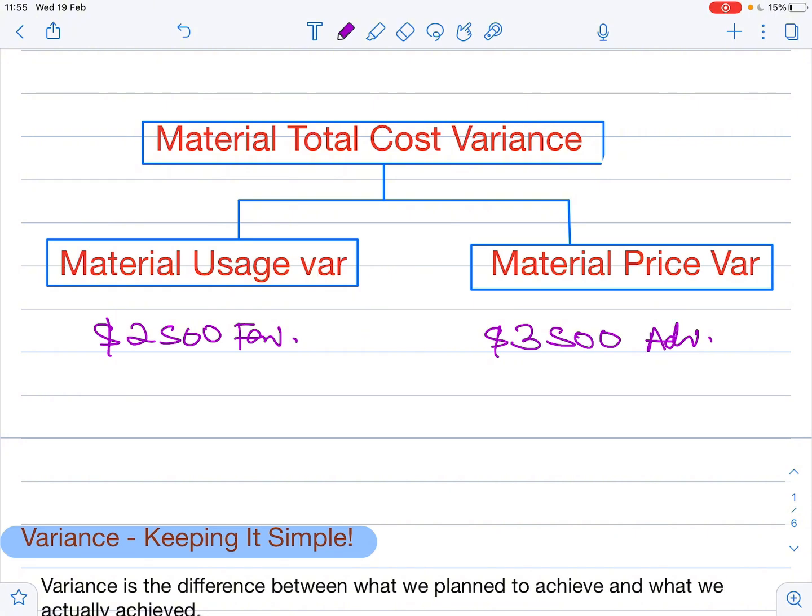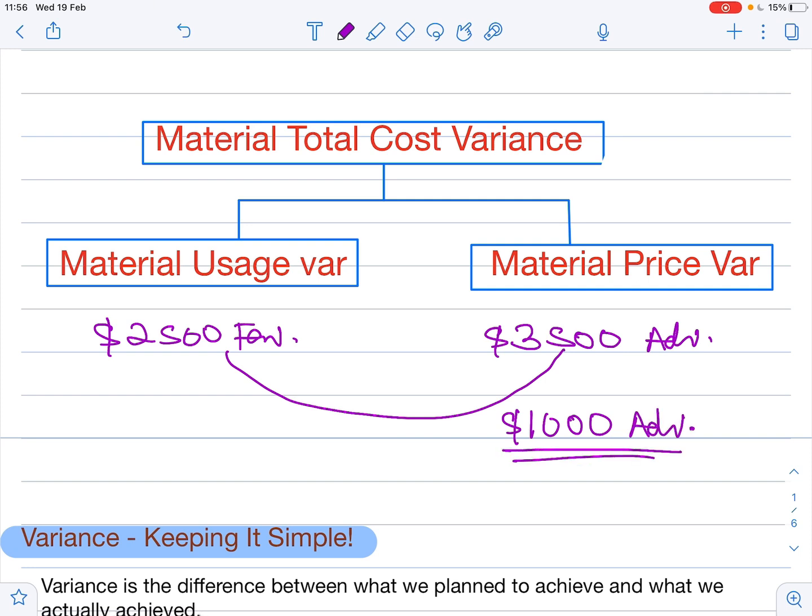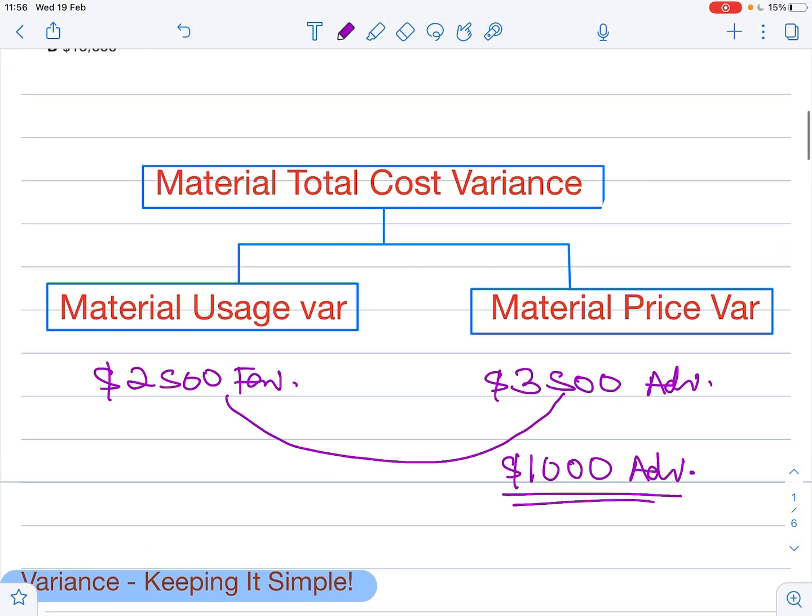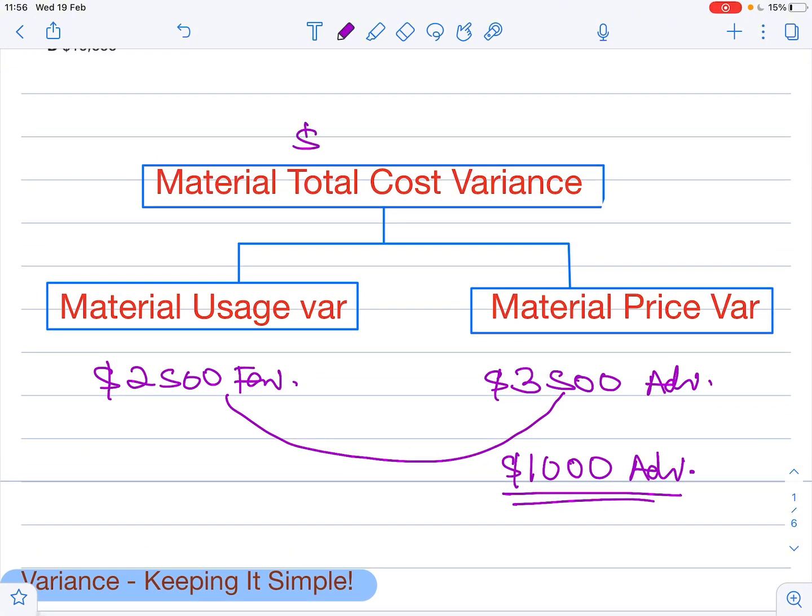So the net effect is going to be $1,000 adverse, because you have more of adverse than favorable results. So up here, this is the total material cost variance is going to be $1,000 adverse.